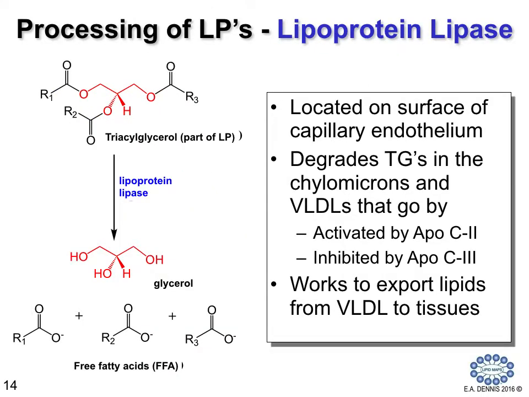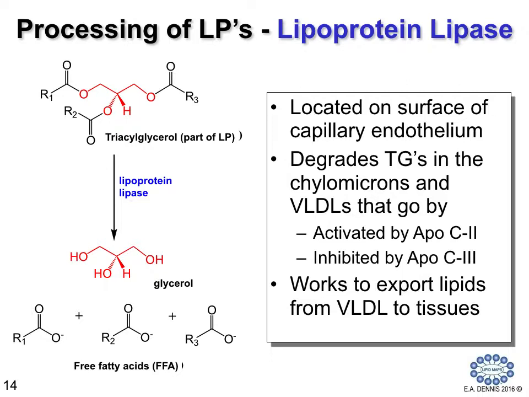Another key enzyme is lipoprotein lipase, an enzyme I already introduced. It takes triglycerides and hydrolyzes the fatty acids to make glycerol and 3 free fatty acids. It's located on the surface of the capillary endothelial cells, and it degrades triglycerides in both chylomicrons and VLDLs as they travel by.